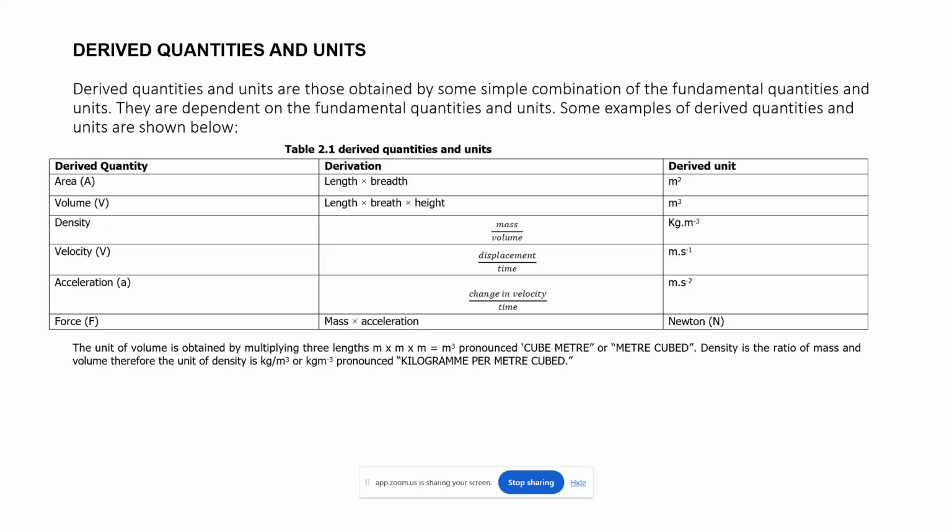Then next is volume. Now, for you to measure a volume of a shape, you have to multiply the length of that shape, the breadth of the shape, and also the height. Have it in mind that length is a fundamental quantity, breadth also is a fundamental quantity, and height is also a fundamental quantity. All of them are categorized under length, but it depends on the dimensioning and the placement of that particular distance.